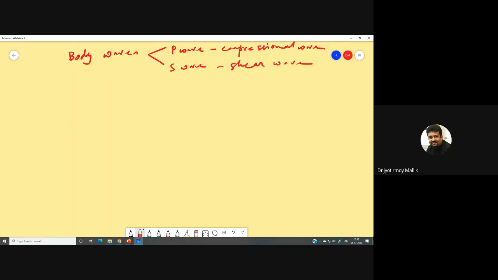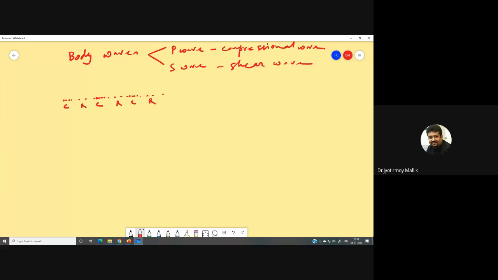Why is P wave called compressional wave? Now you know, because it propagates in an elastic media through adjacent compression, relaxation, compression, relaxation.